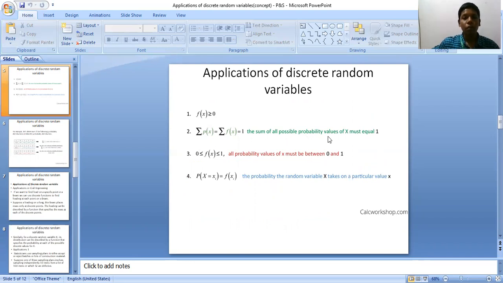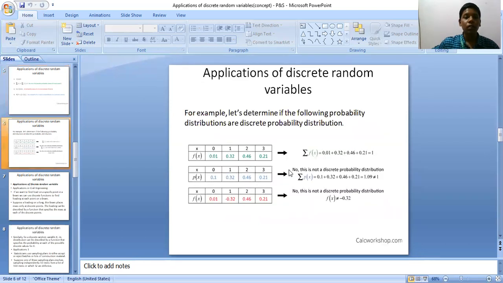The sum of all possible probability values of x must be equal to 1, and f(x) lies between 0 and 1. All probability values of x must be between 0 and 1. This gives the probability that the random variable X takes on a particular value x.